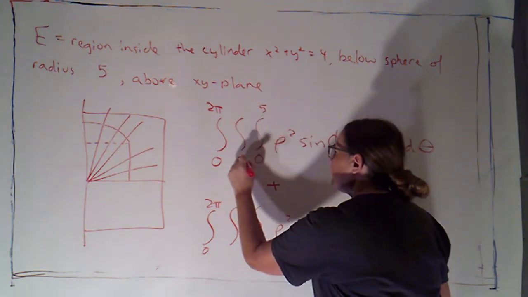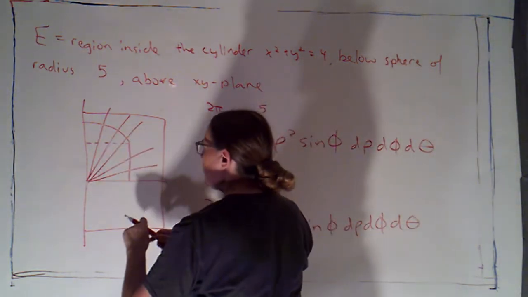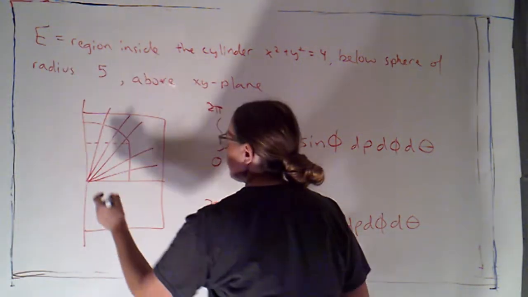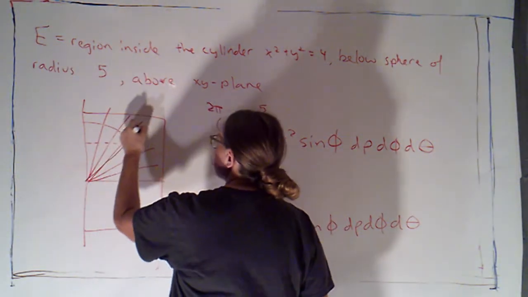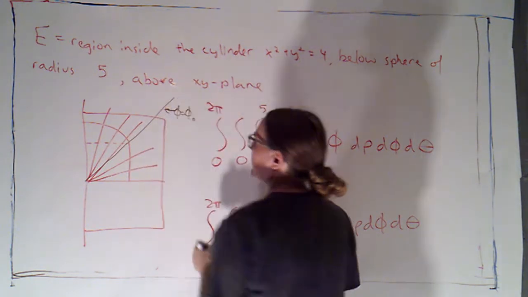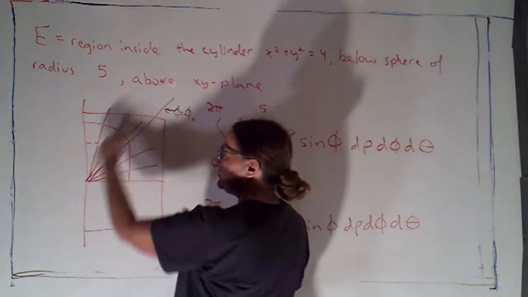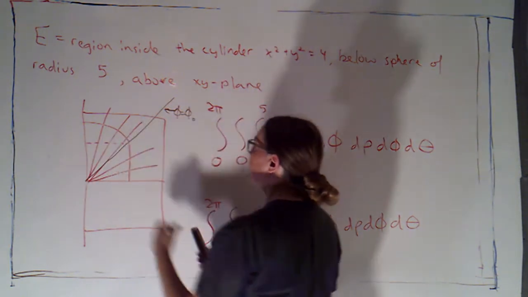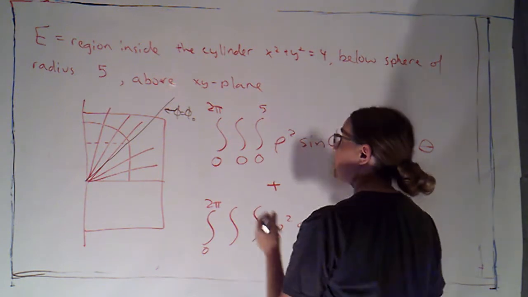That would be as phi goes from 0 to, let me get another color here, we'll call that phi equals phi naught. The phi value that passes through the point where the sphere meets the cylinder is where we're going to change.